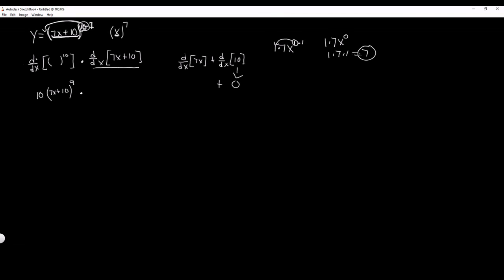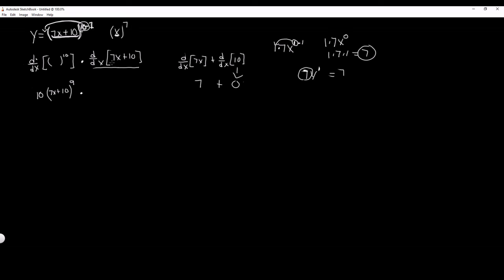So from here on out, just remember that the derivative of any number, and we'll just use 7 in this case, times a variable to the very first power is just equal to the constant. In this case it's 7. This is going to save us some time. I don't want to have to go through this every single time, but the derivative of 7x plus 10 is now just equal to 7.